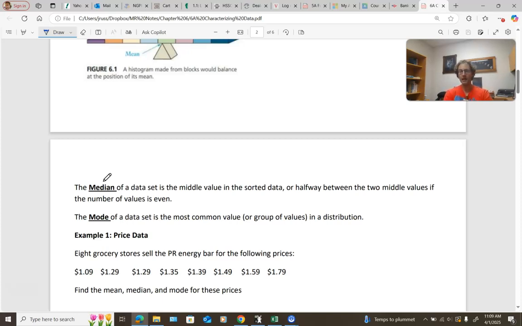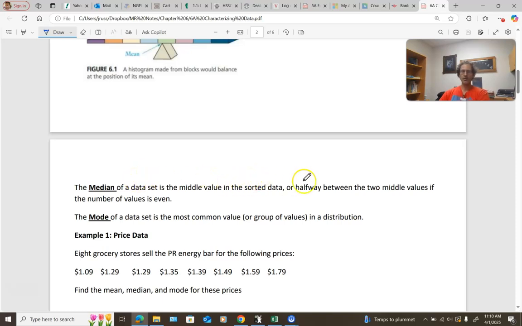The median divides the road into two lanes, doesn't it? So the median of a data set is the middle value of the sorted data. To find the median, we have to put the data in order from least to greatest, or I suppose you could list it from greatest to least, but it's more commonly sorted in ascending order.